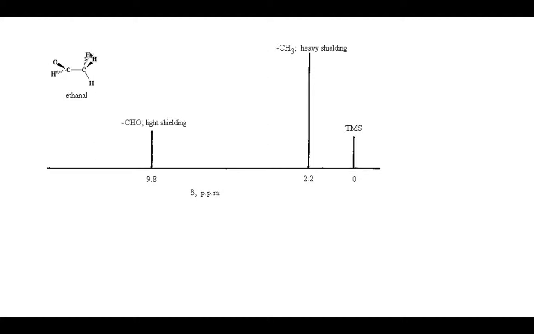These hydrogens retain more of their electron cloud that protects them from the magnetic field. Therefore, we're going to see them further upfield. A stronger magnetic field would be necessary. So when we look at this molecule, ethanal, with nuclear magnetic resonance spectroscopy, we can tell the difference between the hydrogens on this end of the molecule and the hydrogens on this end because they're in different electronic locations within the molecule.